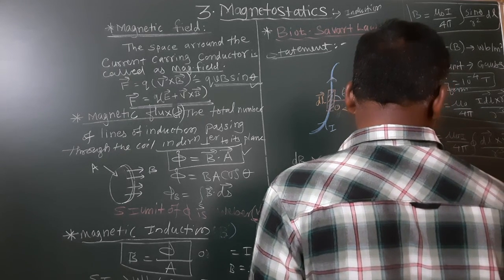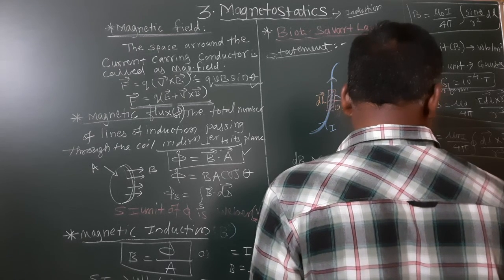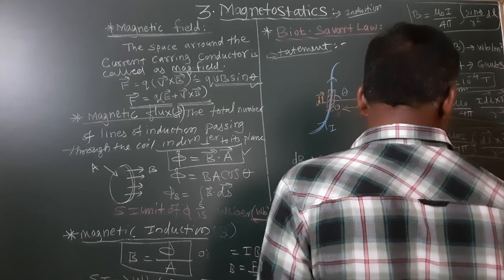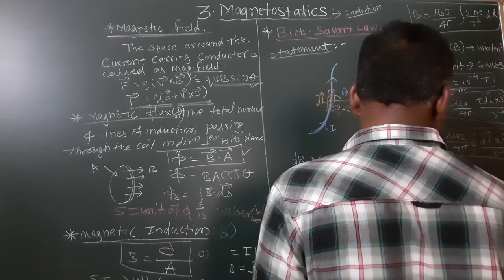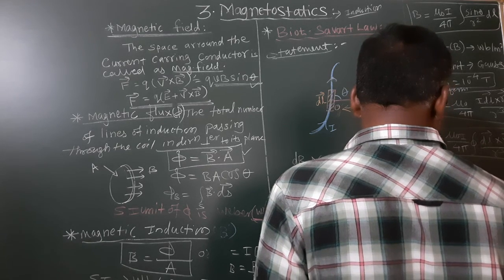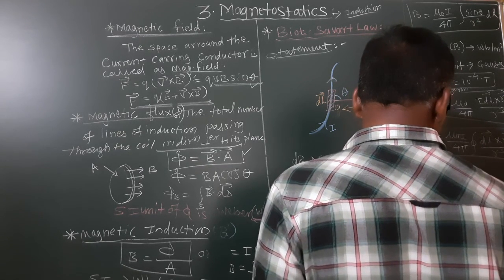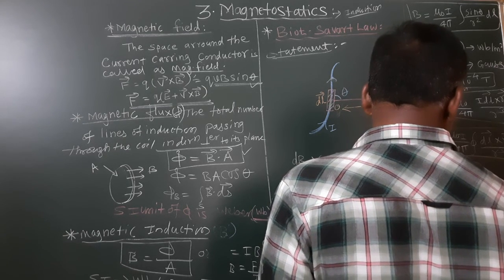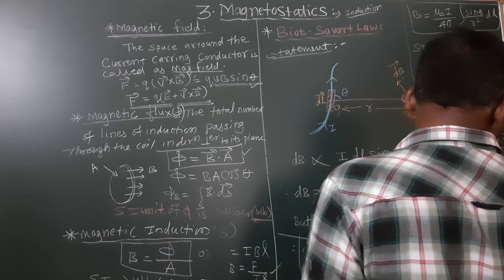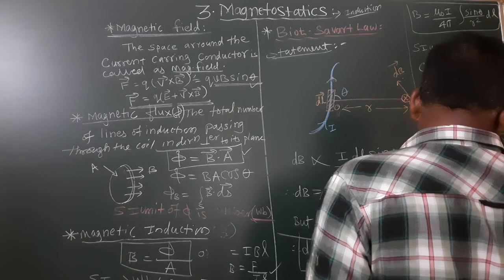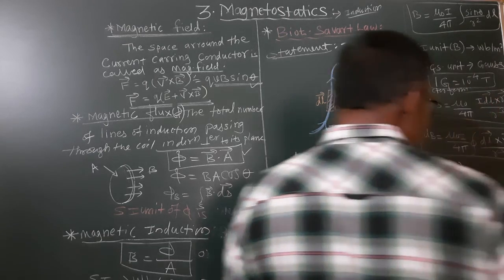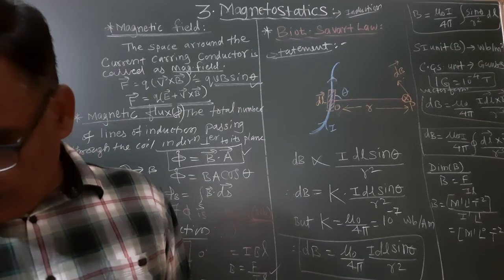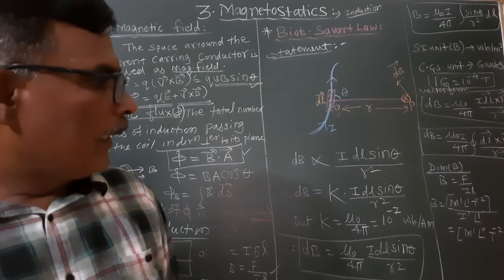F is M1 L1 T raised to minus 2, current is I raised to 1 and L raised to 1, so this can be written as M to the power 1, L to the power 0, T to the power minus 2, and I to the power minus 1, or ampere to the power minus 1. This is the dimension of magnetic induction.